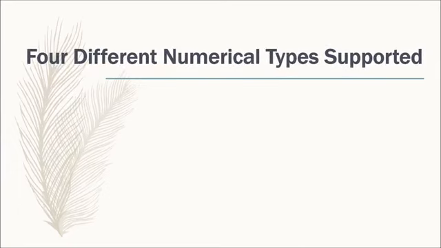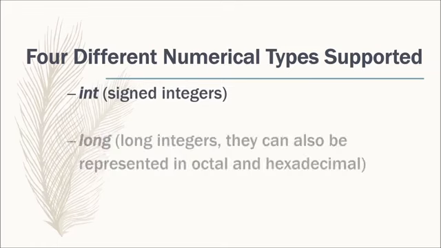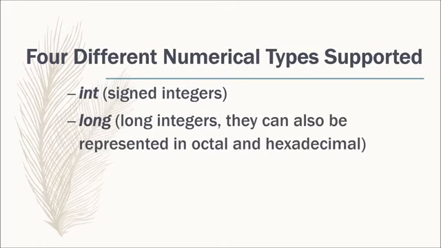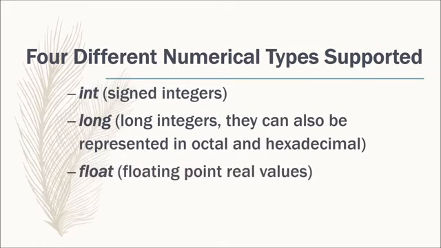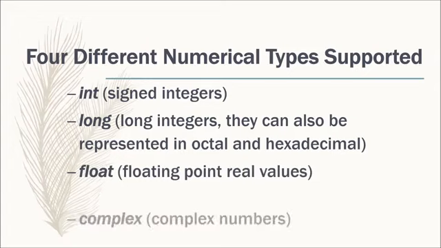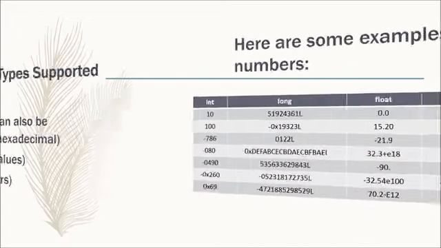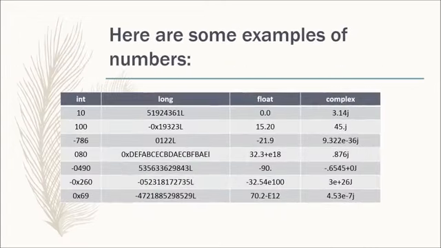Now, in Python numbers, there are 4 different numerical types supported: int for signed integers, long for long integers, which can also be represented in octal and hexadecimal, float for floating point real values, and complex for complex numbers. Here are samples of the numbers that I have mentioned earlier.